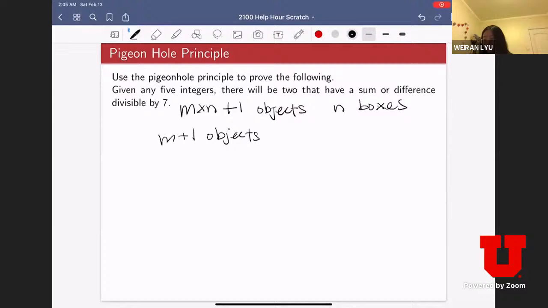So just think about this number and what's going to be m and n in this problem. I'll give you about 3 or 4 minutes to work on this one.